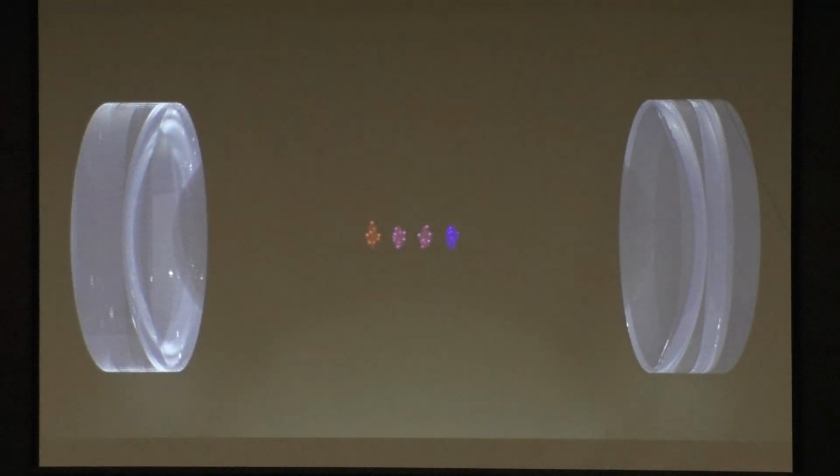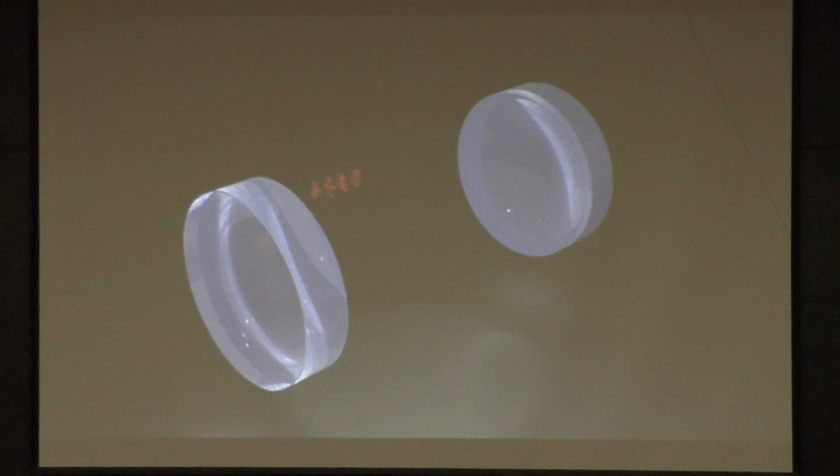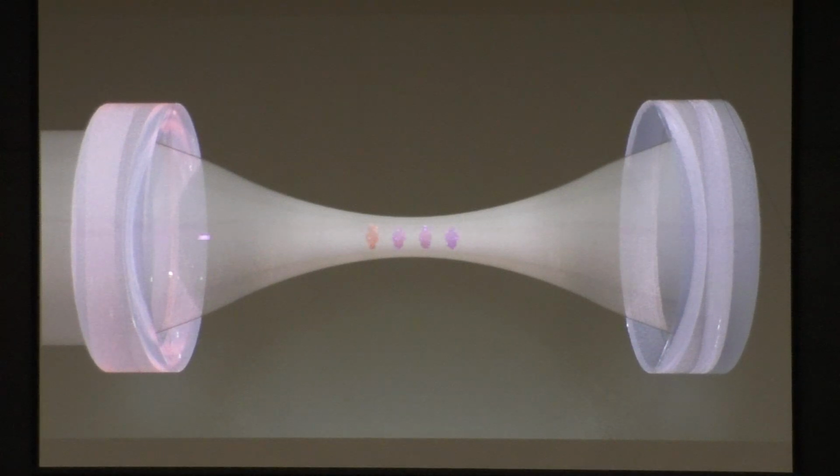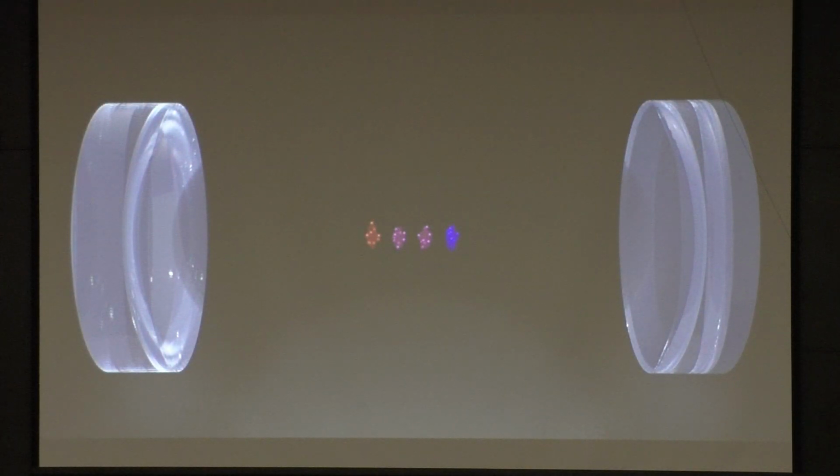So when you send light into the cavity, we prepare our ensembles in some specific state. As you send light into the cavity, you can excite a single atom, which will then emit a photon back into the cavity, which will bounce around and then get absorbed by some other atom.